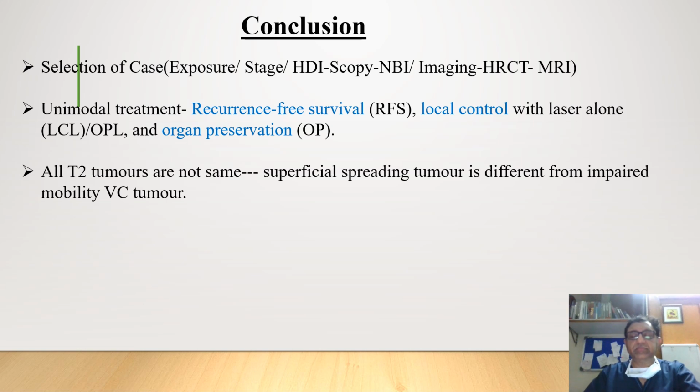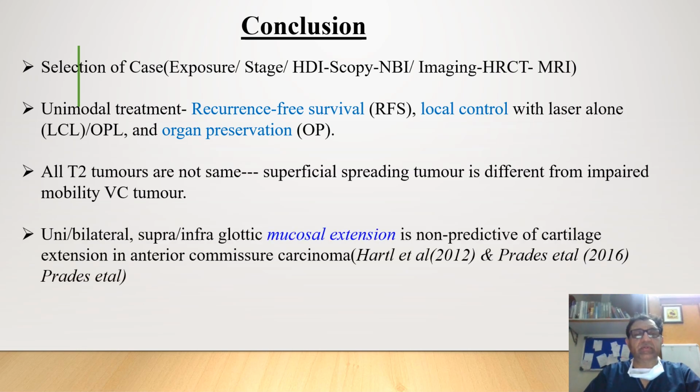It cannot be labeled as T2A without knowing the depth of invasion, or whether it is causing fixation of the vocal cord or not.